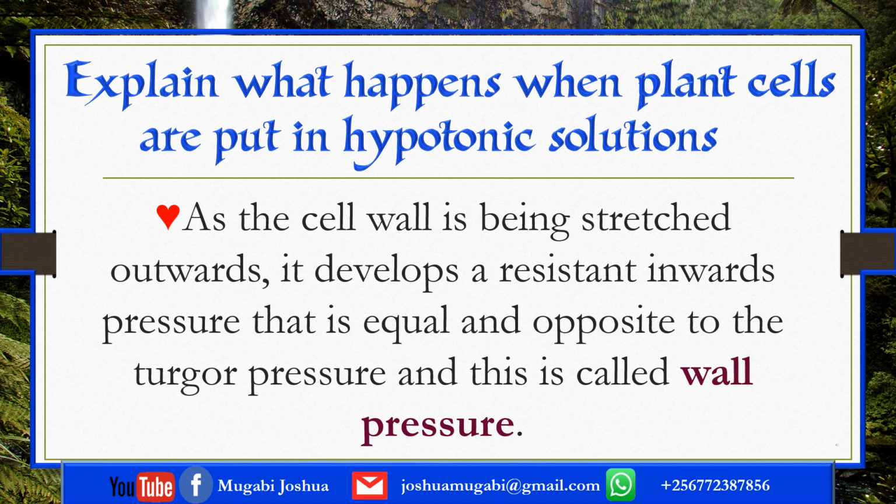So we are seeing the cell wall being stretched outwards, and when it is stretched outwards, it develops a resistant inward pressure, resisting the outward stretch, which is equal and opposite to the turgor pressure. This resistant inward pressure created by the cell wall is what we call the wall pressure.